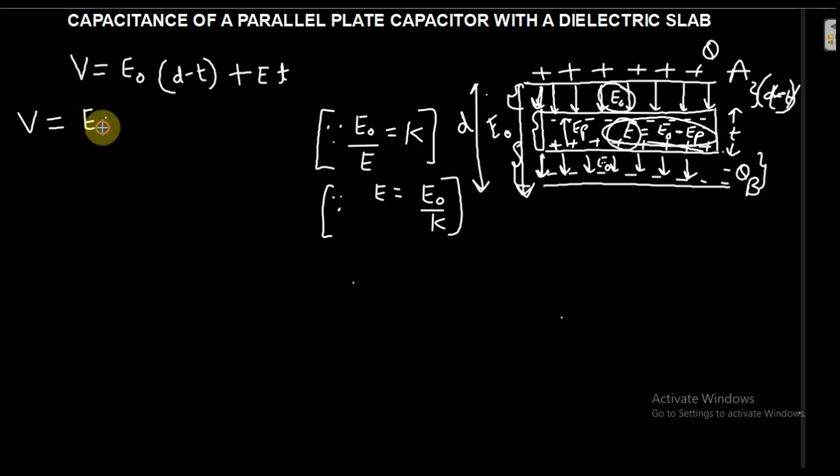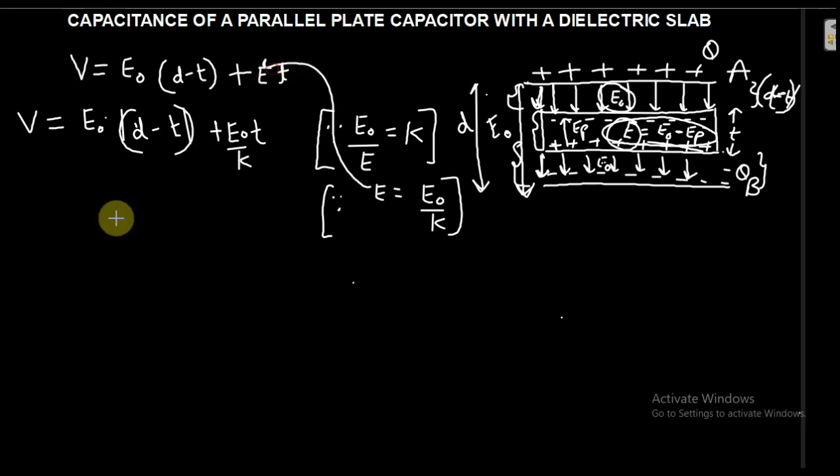You will get V is equal to E naught times (D minus T), plus E times T, and substitute the value of E here. E is equal to E naught by K. So we substitute this E value in this equation.